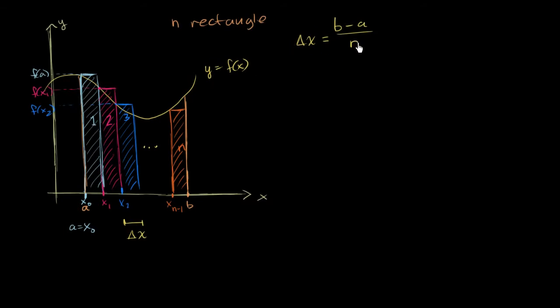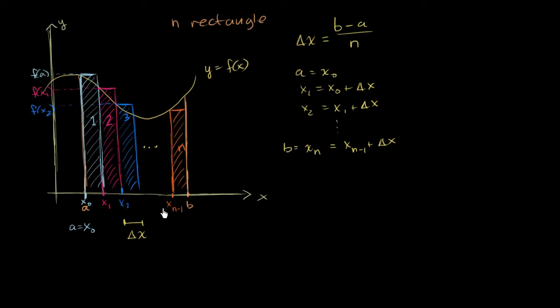So if we assume this is true, and then we assume that a is equal to x naught, and then x1 is equal to x naught plus delta x, x2 is equal to x1 plus delta x, and we go all the way to xn is equal to xn minus 1 plus delta x, then we've essentially set up this diagram right over here. b is actually going to be equal to xn.